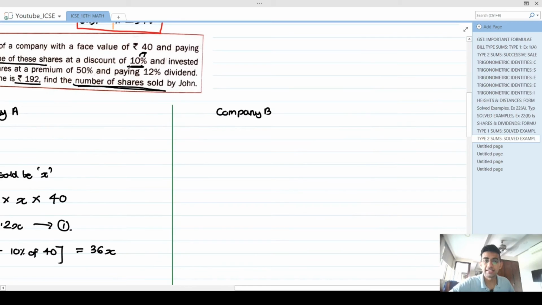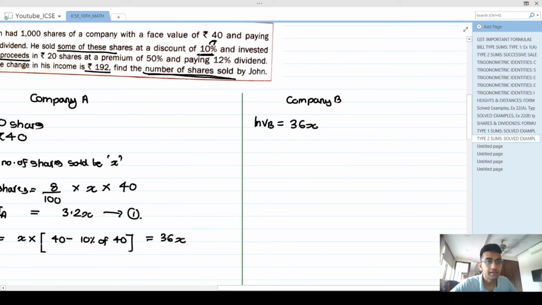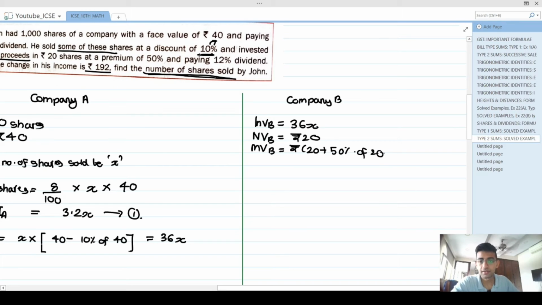Now they said he invested the proceeds in company B, so INVB is equal to 36x. In company B, the shares have a nominal price of 20. The market value of the share is rupees 20 plus 50% of 20, which is 20 plus half of 20, nothing but 30. And the dividend this company is giving is 12%.